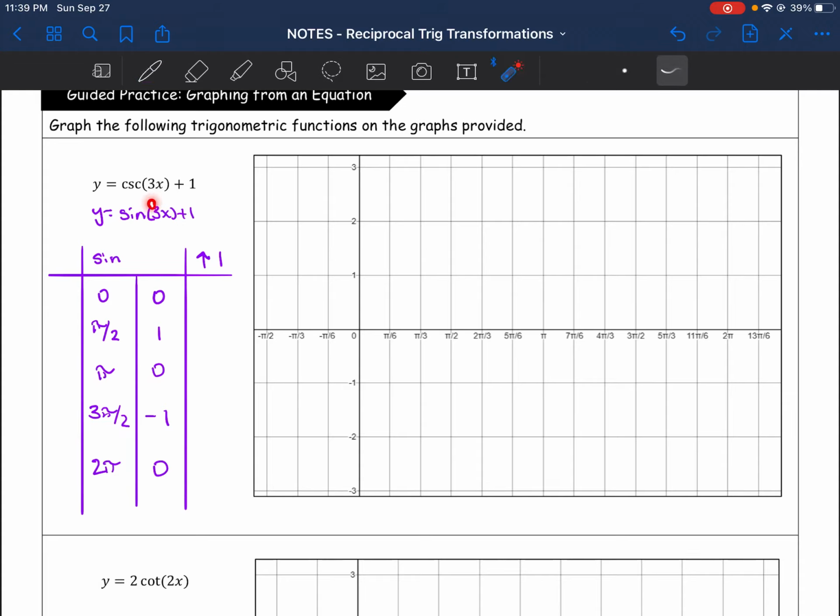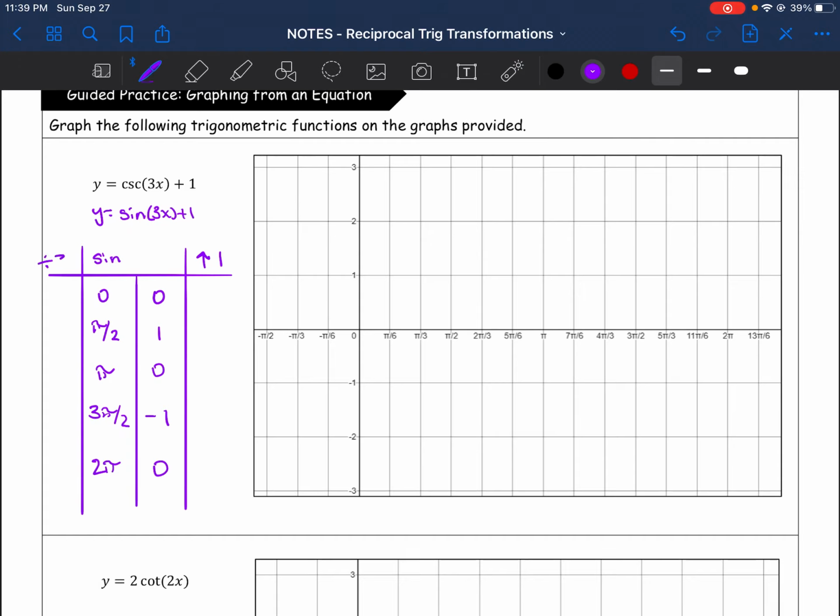And we also have this 3 being multiplied to the x. So remember what this is doing is it's essentially taking the period, which is normally 2 pi, and dividing the period by 3. So essentially we're getting 3 times as many cycles as sine would normally have with sine of 3x. So it's taking all these original x values and dividing them by 3.